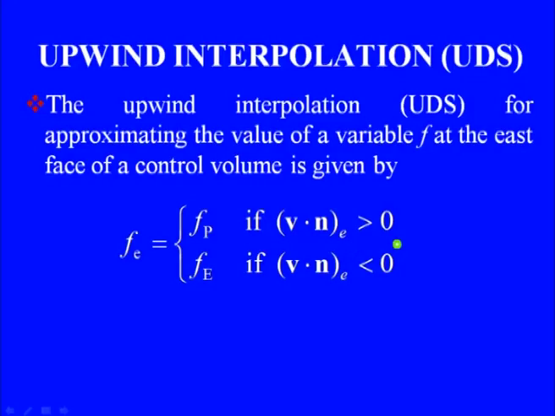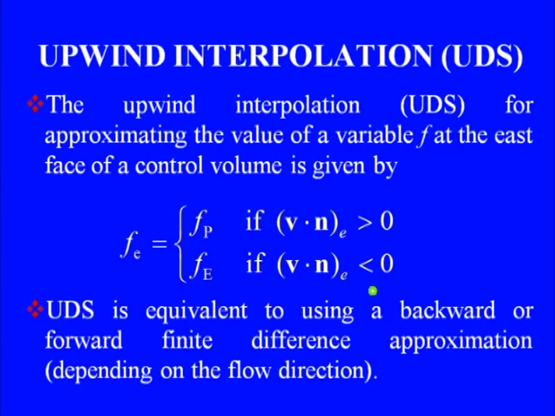And in case the velocity is directed in the negative x direction, then our upwind node becomes the node capital E. So, in that case f at e is equal to f at capital E if v dot n at e is less than 0. Now, this use of upwind interpolation, which we also call UDS in short, is equivalent to using a backward or a forward finite difference approximation depending on the flow direction.